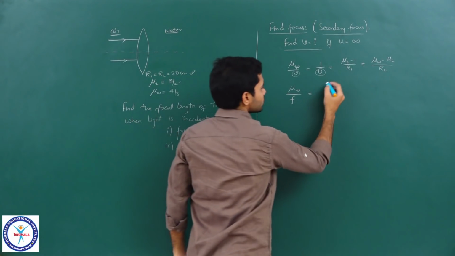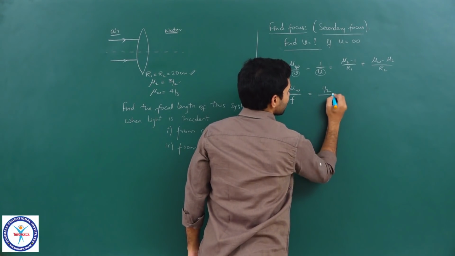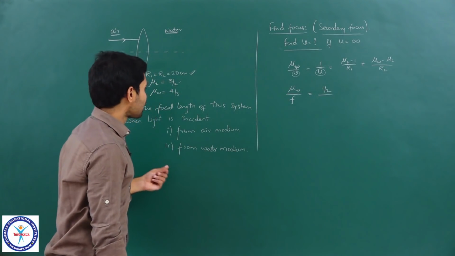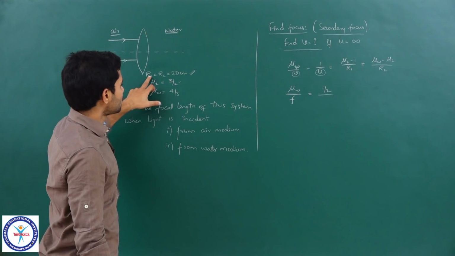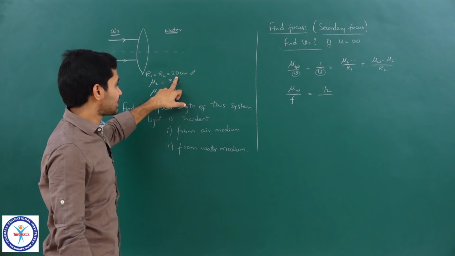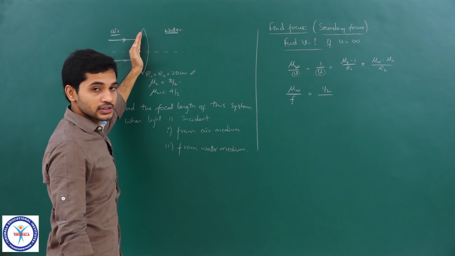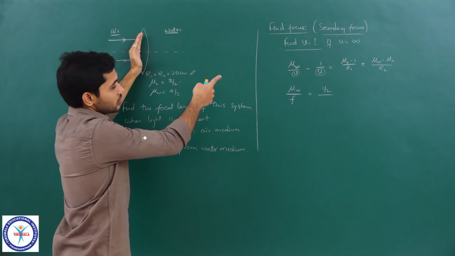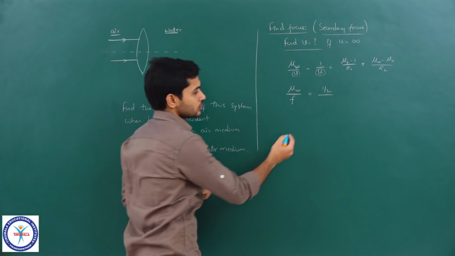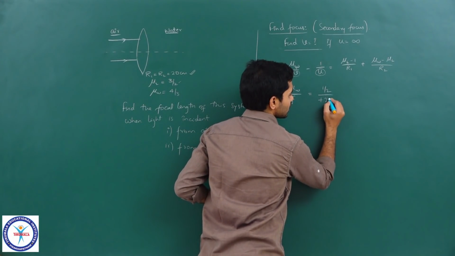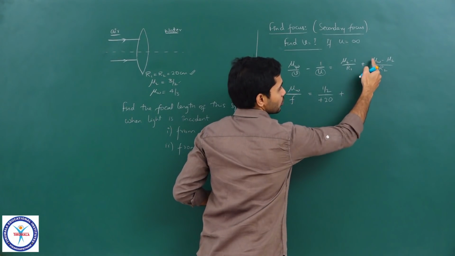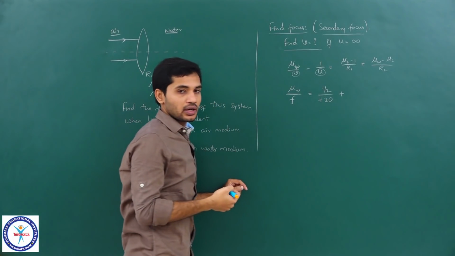So, 3 by 2 minus 1 is 1 by 2, divided by R1. What is R1 in this case? R1 is 20 centimeters. Is it plus or minus? This is how the curvature is, so the center will be on this side, so positive. So, plus 20.